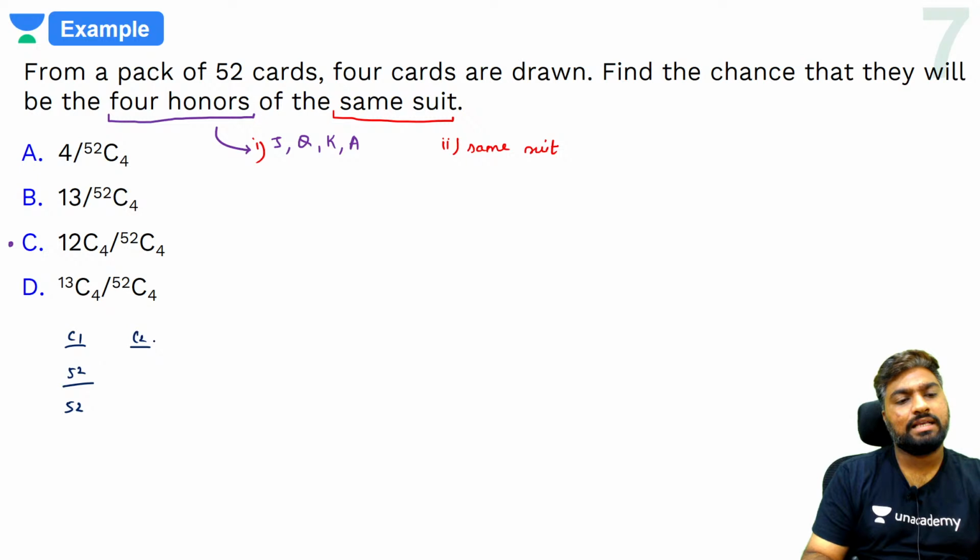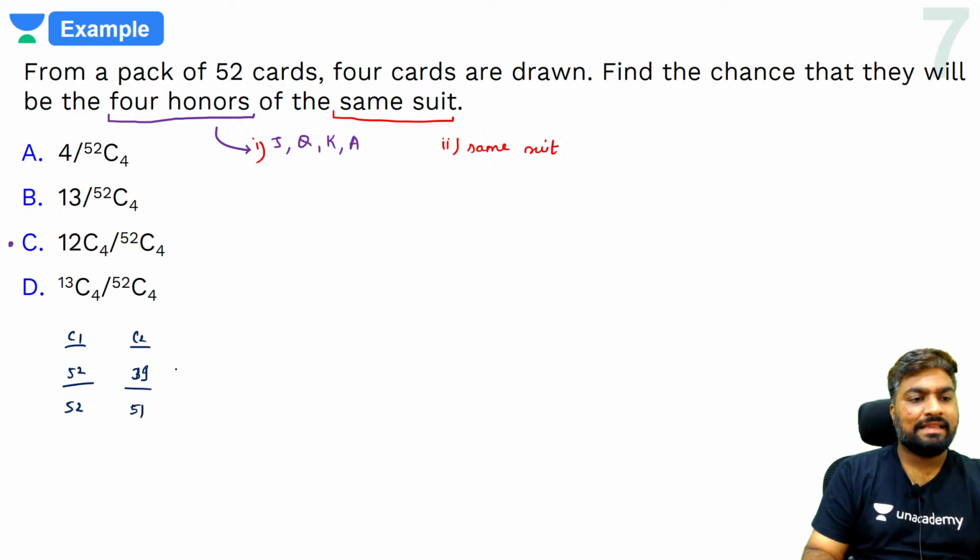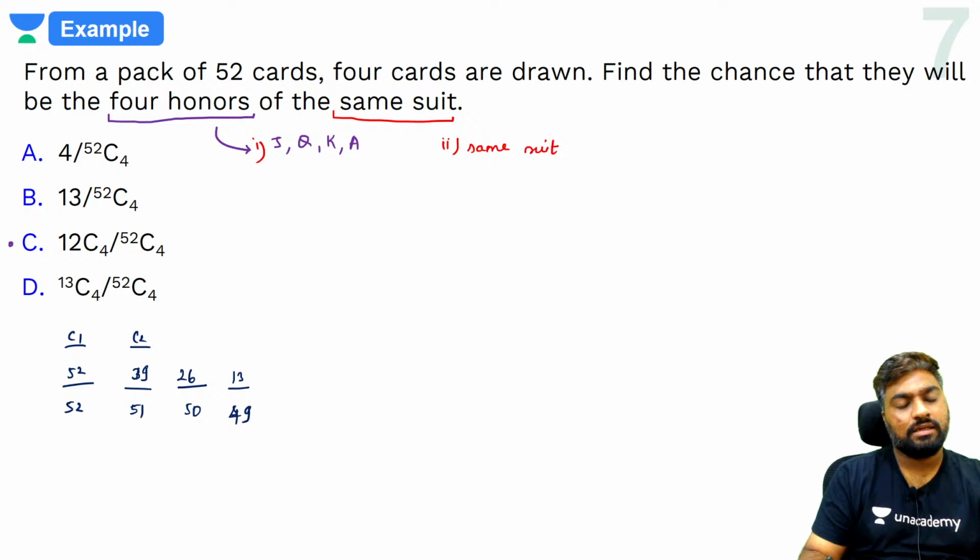There will be 39 possibilities out of 51 cards. Then 26 possibilities of 50 cards and then 13 possibilities of 49 cards.